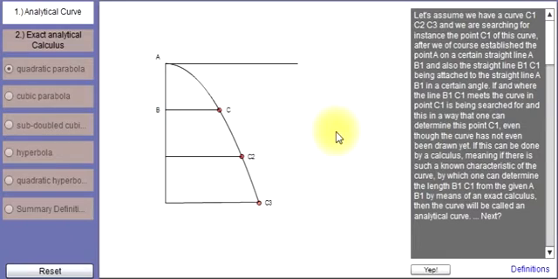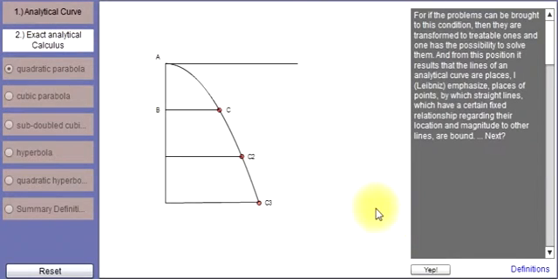And only if the curve is actually to be expressed as an analytical expression, then the curve can be called analytical.